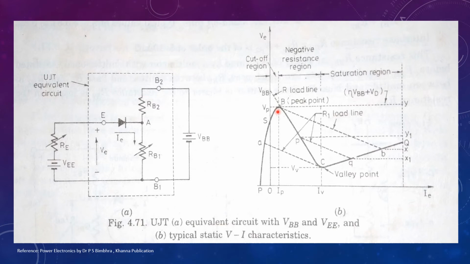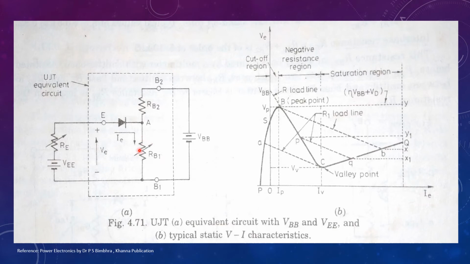Point B is called the peak point voltage. Vp is the peak point voltage. Ip is the peak point current. When the emitter voltage reaches VD plus eta VBB, the highly doped emitter injects holes into the lightly doped base region.